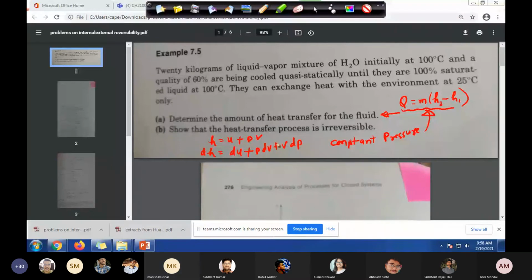Then, as it is a constant pressure process, the VdP term will be 0. Now PdV will be written as minus W. It's reversible, of course. So hence we prove that heat exchange at constant pressure is the change in enthalpy. Great. So, the other Siddhant, you can see it. It was so easy.